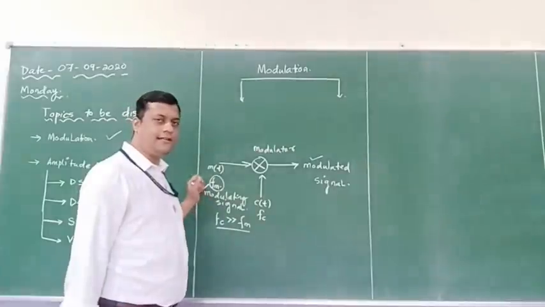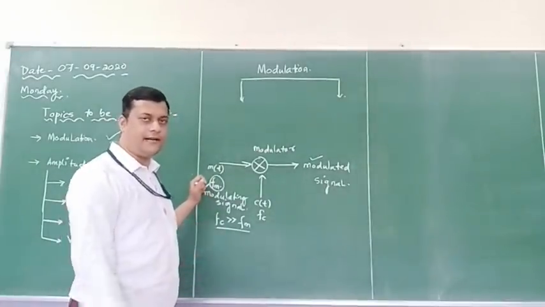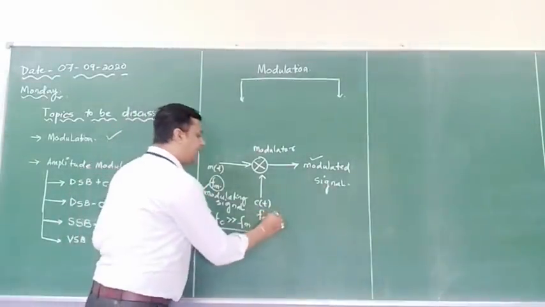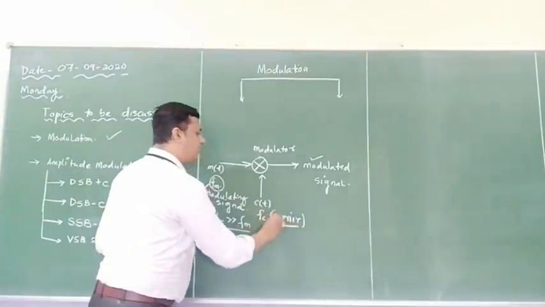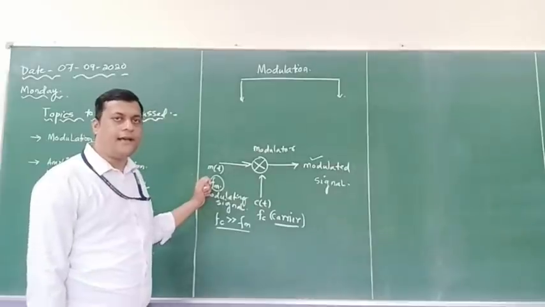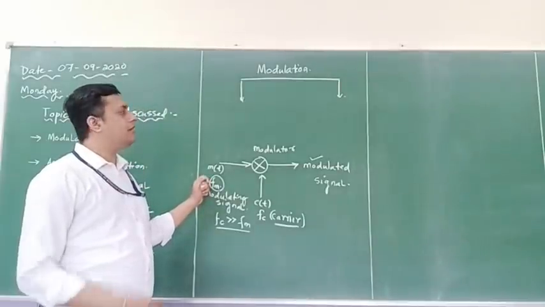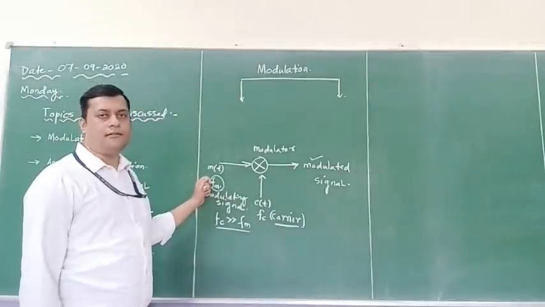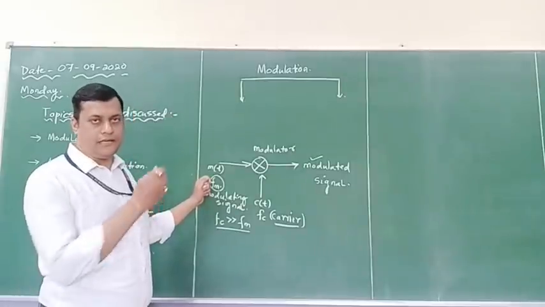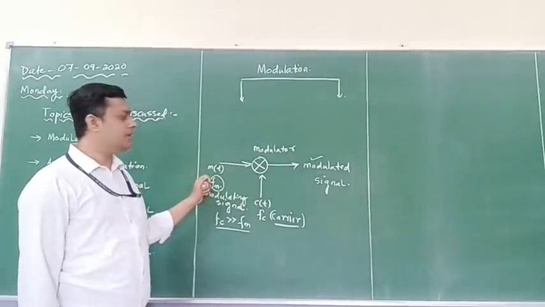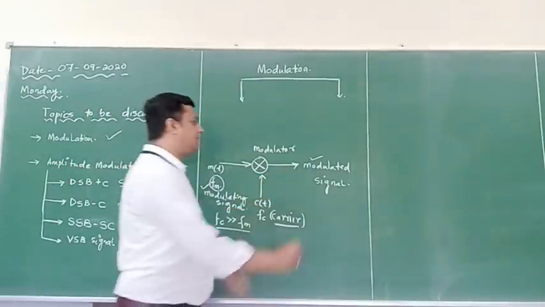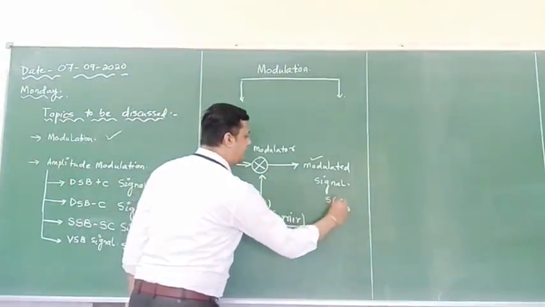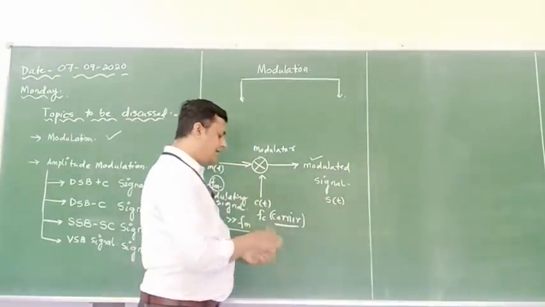The modulated signal means the signal obtained after changing the characteristics of the carrier signal, either with respect to amplitude, phase, or frequency, as we will see in our coming sessions. This modulated signal we write as S of t.